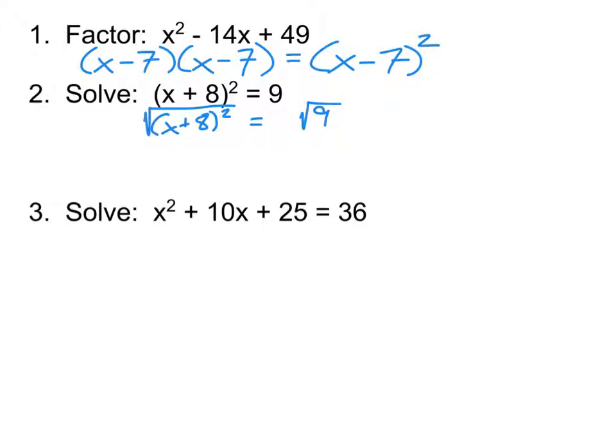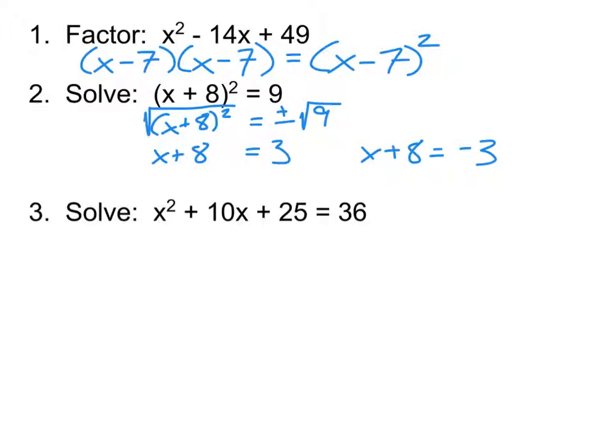Yes, exactly, the plus or minus. So it has to be plus or minus root 9 there. So x plus 8 equals 3, and x plus 8 equals negative 3. That's the plus and minus 3. We do one for each, and then we solve it out from there.